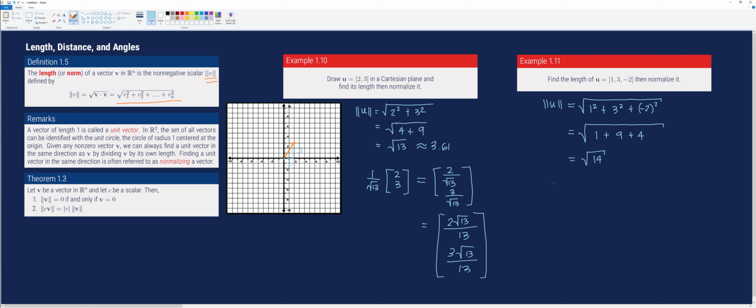To normalize the vector, we multiply the vector by the reciprocal of its length. This gives us the following components: 1 over square root of 14, 3 over square root of 14, and negative 2 over square root of 14.